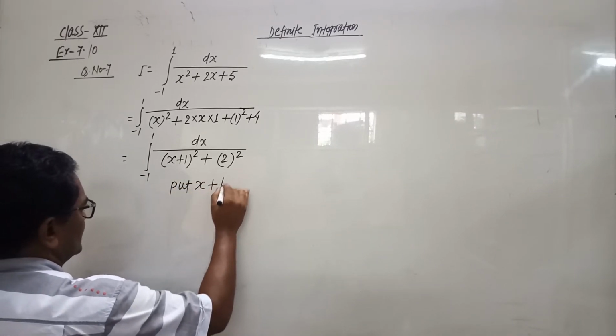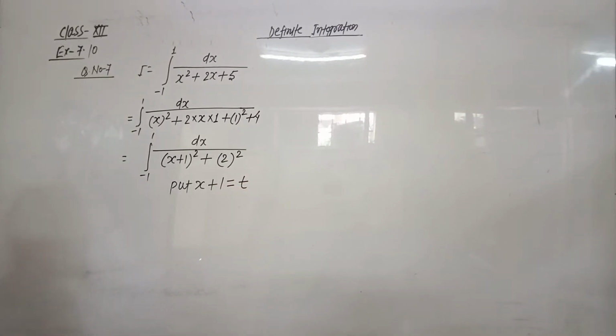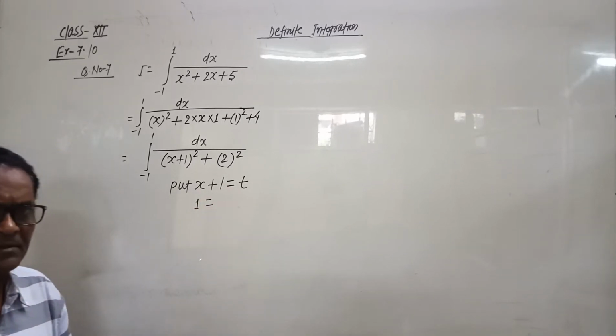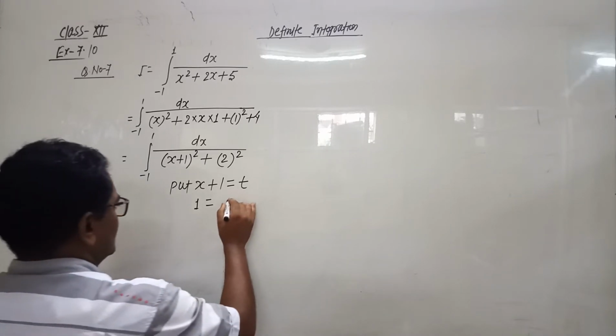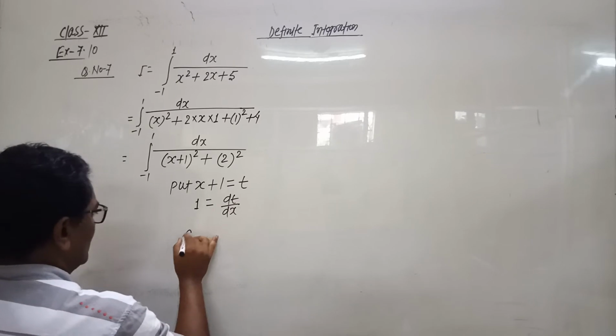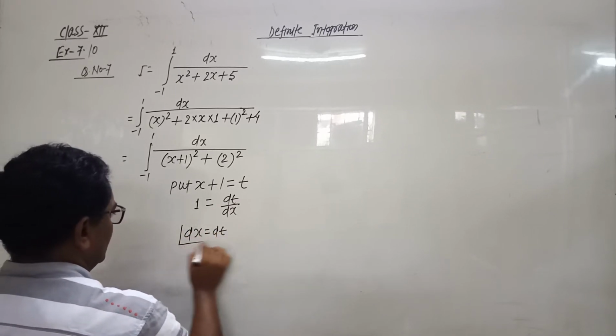So put x plus 1 equals to t and differentiate both sides with respect to x. Differentiation of x is 1, differentiation of 1 becomes 0, and differentiation of t is dt by dx. By cross multiplication we get dx equals to dt.